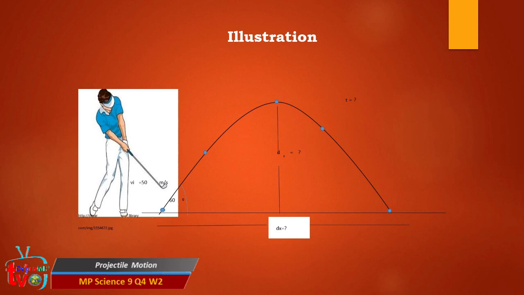We are now looking for the range or the horizontal distance traveled by the golf ball, the time that it took the golf ball to travel before it finally reached the ground, and then the maximum height reached by the golf ball. So those are the three problems that we are looking for in the problem.